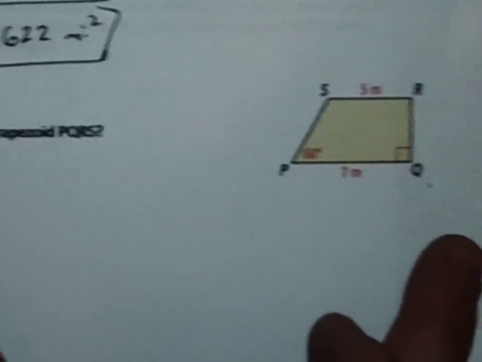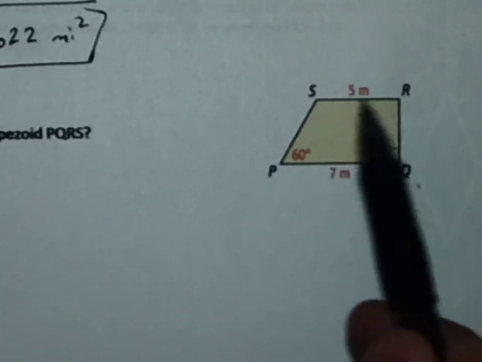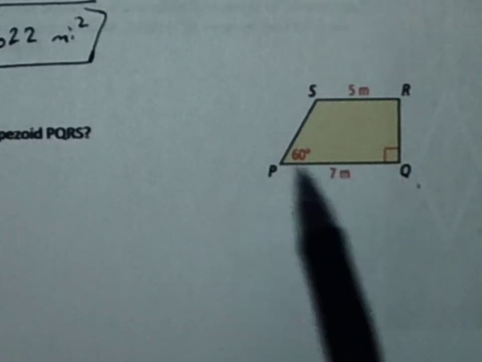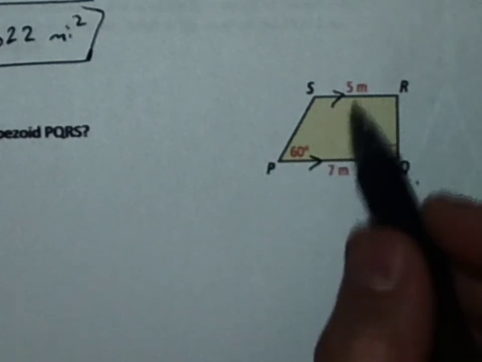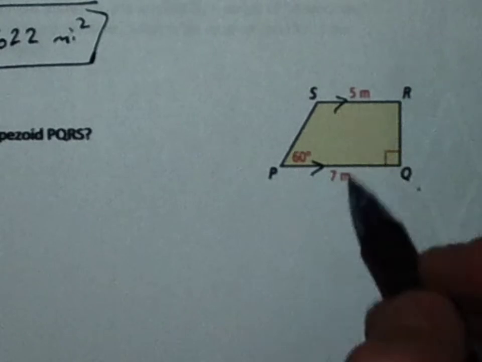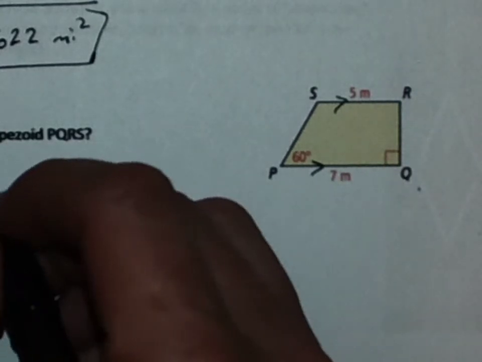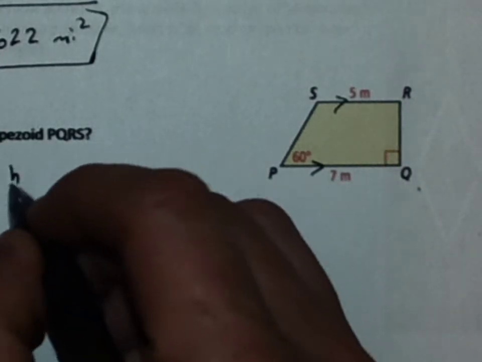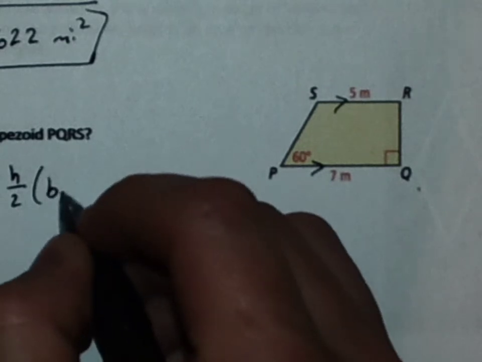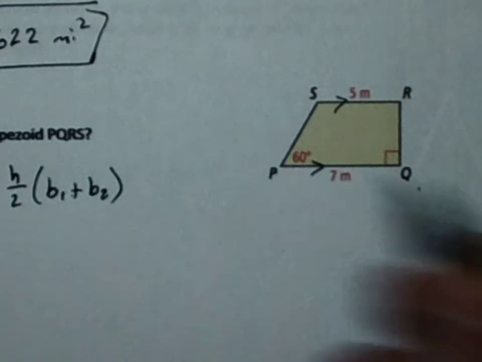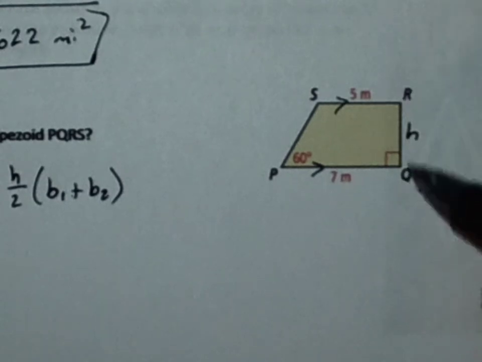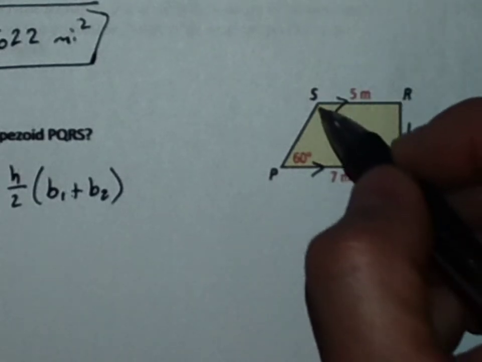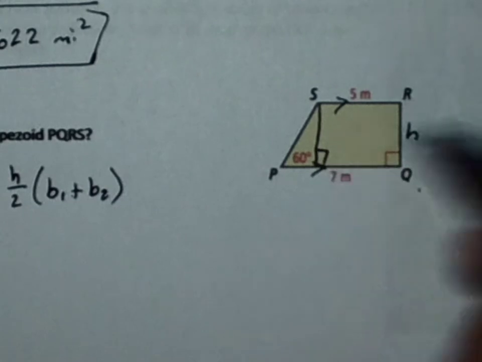So when you're looking at this trapezoid here, we have our base and we have our second base. We have base 1, we have base 2. These are parallel to each other. So we have our equation that area equals the height divided by 2 times base 1 plus base 2, but what we do not have is our height over here. We don't know what this distance is.